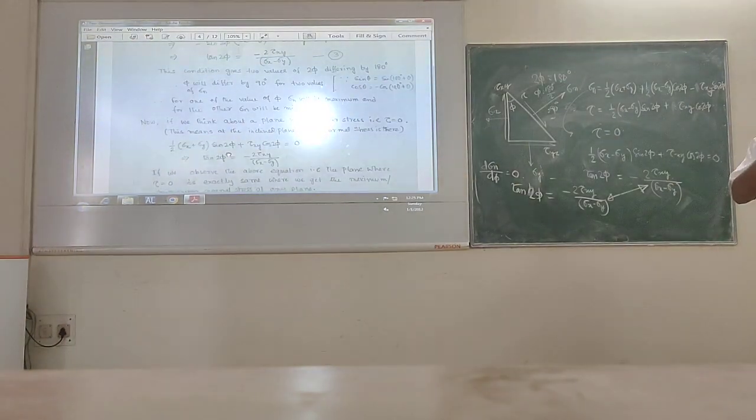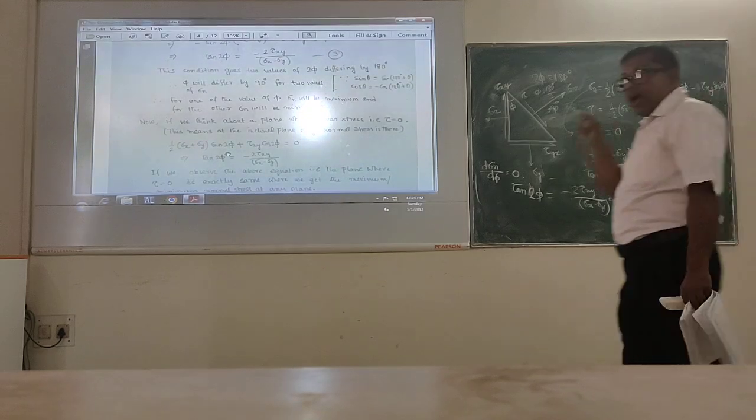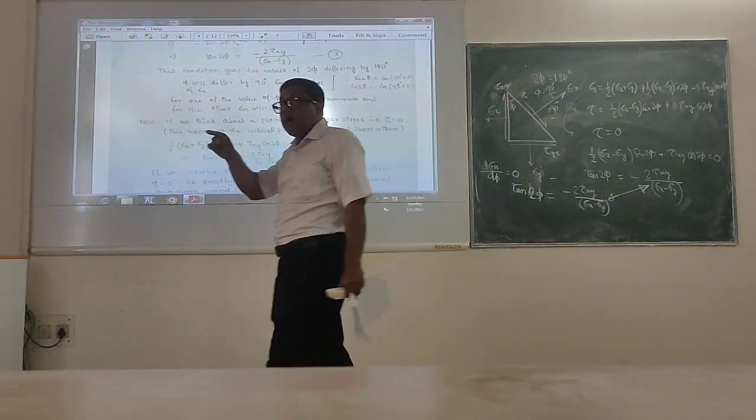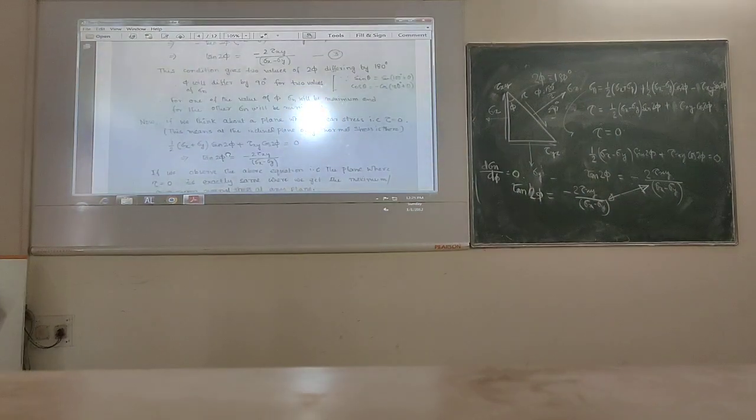What does it imply? It implies that the normal stress is maximum and minimum at particular planes, and which planes? The planes which are separated by 90 degrees. In those planes, the shear stress value obviously will become equal to 0.